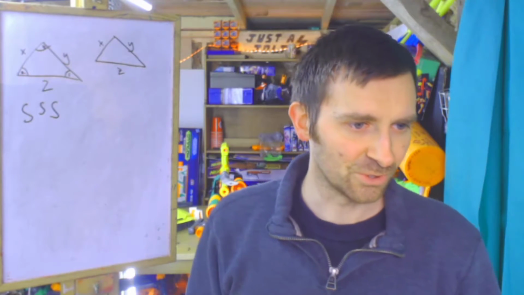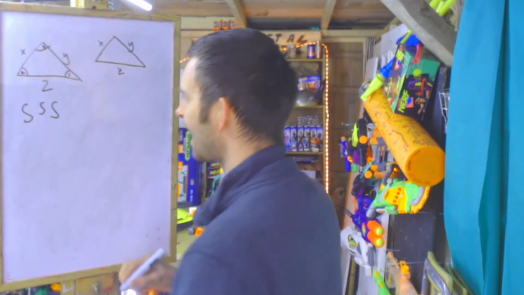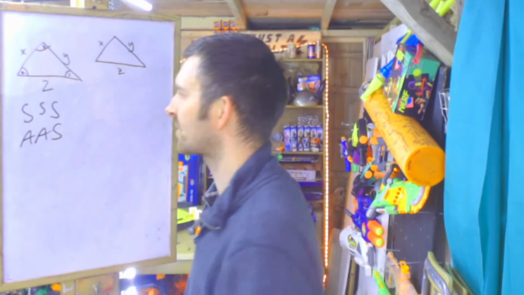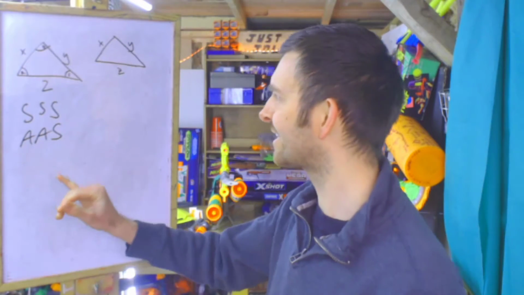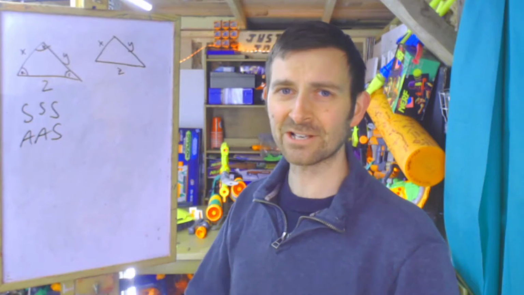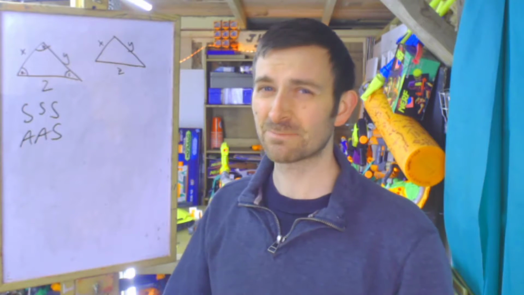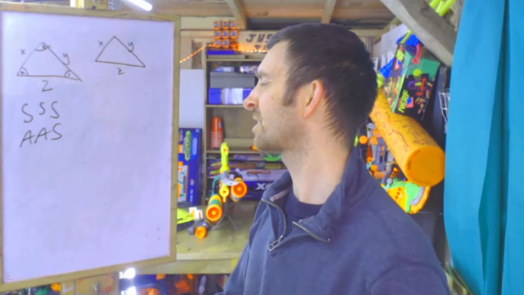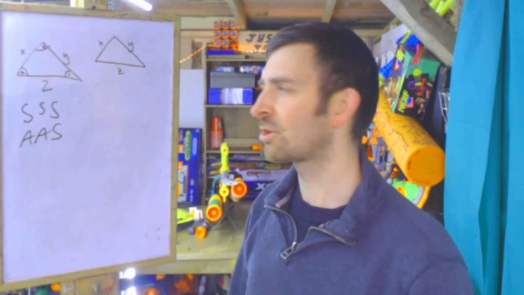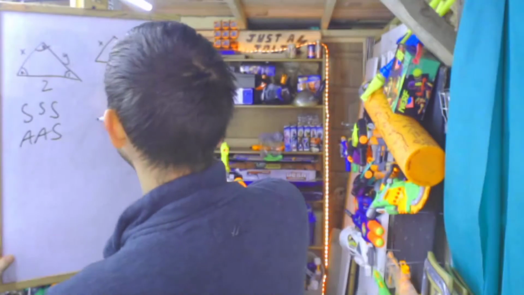Now, the next rule is AAS. And in triangles, we have sides, we also have angles, and that's what A stands for. If you have a triangle where you have 2 angles and a corresponding side, and we'll talk about what that means, which are the same, then we know it's congruent as well. So let's draw out another triangle.